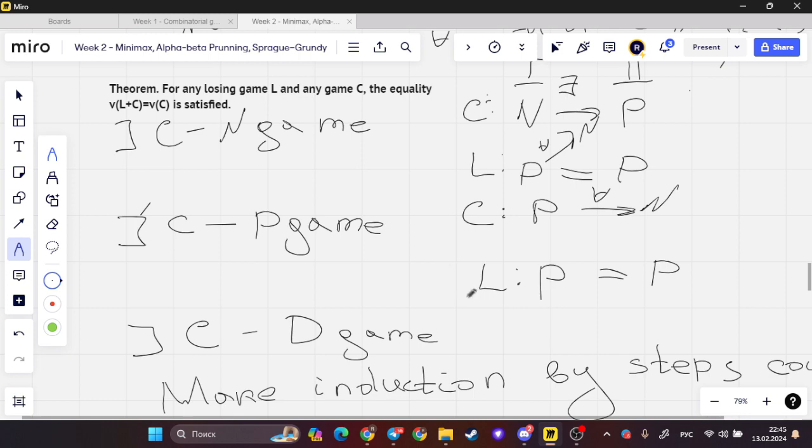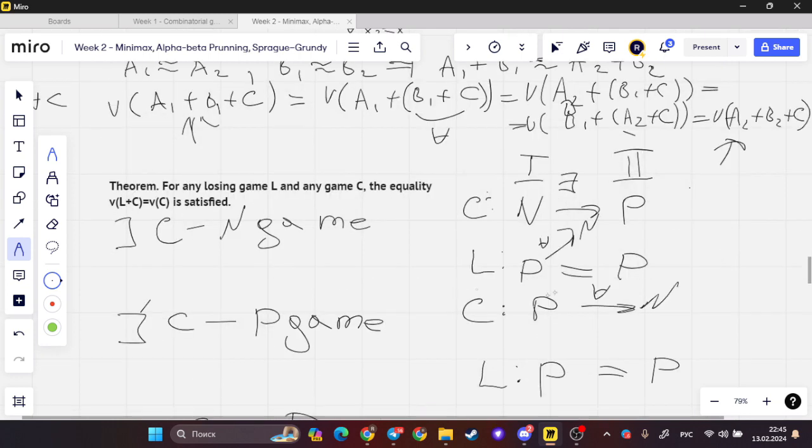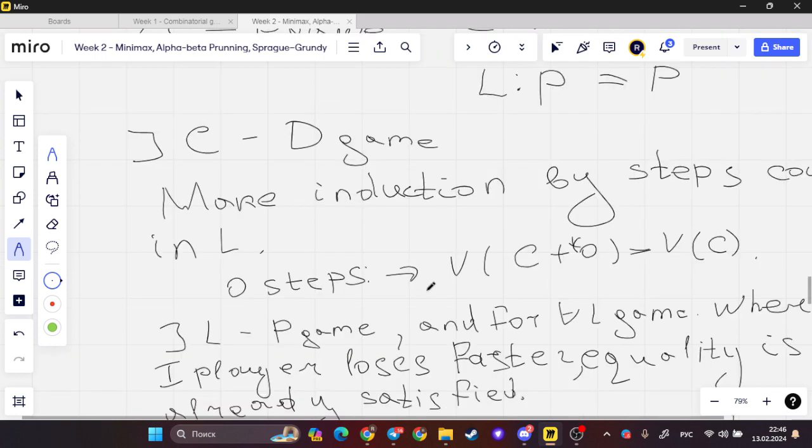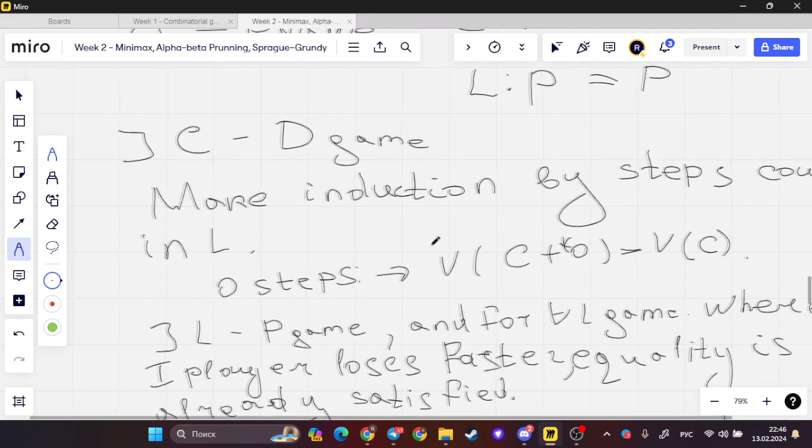Any move goes to N, and the second player answers symmetrically and wins the game. Otherwise we get a D game, where C is a D game.